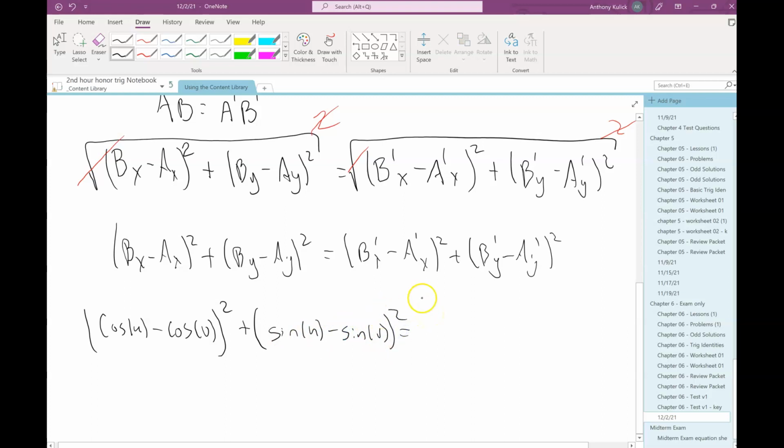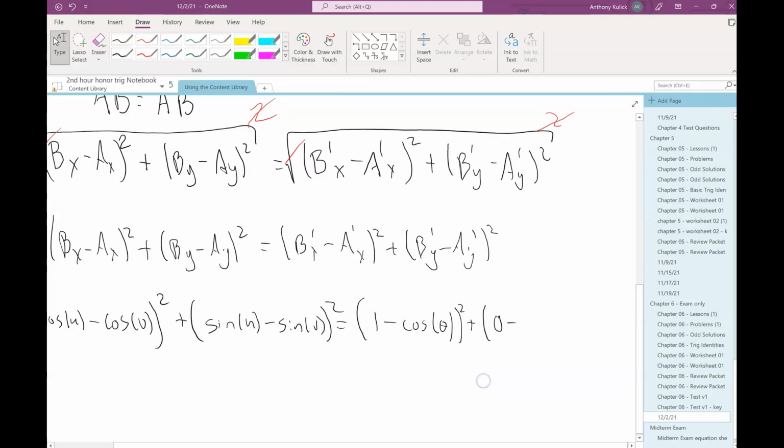And the x-coordinate for B prime was 1. And for A, it was cosine theta. And the y-coordinate for B was 0. And the y-coordinate for A is sine theta.